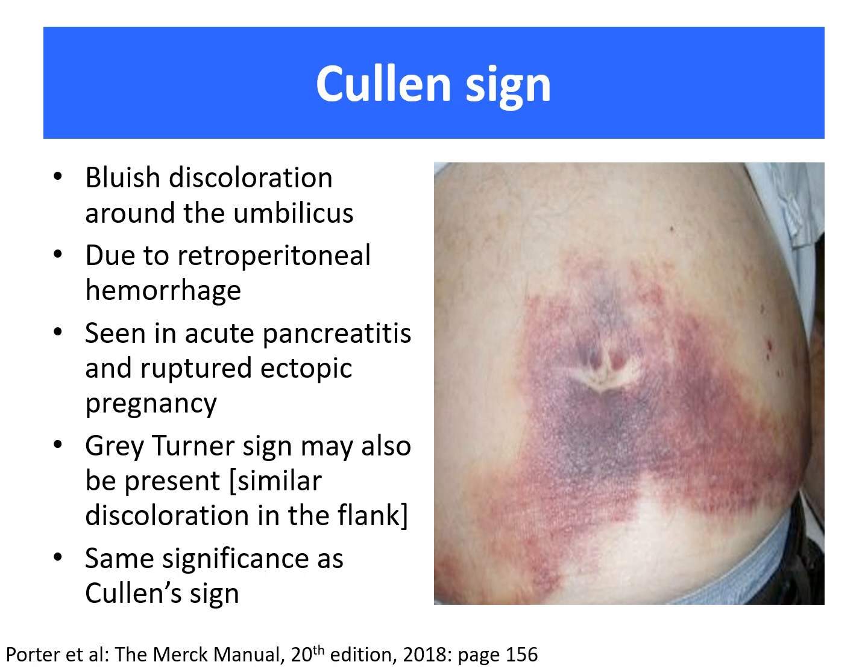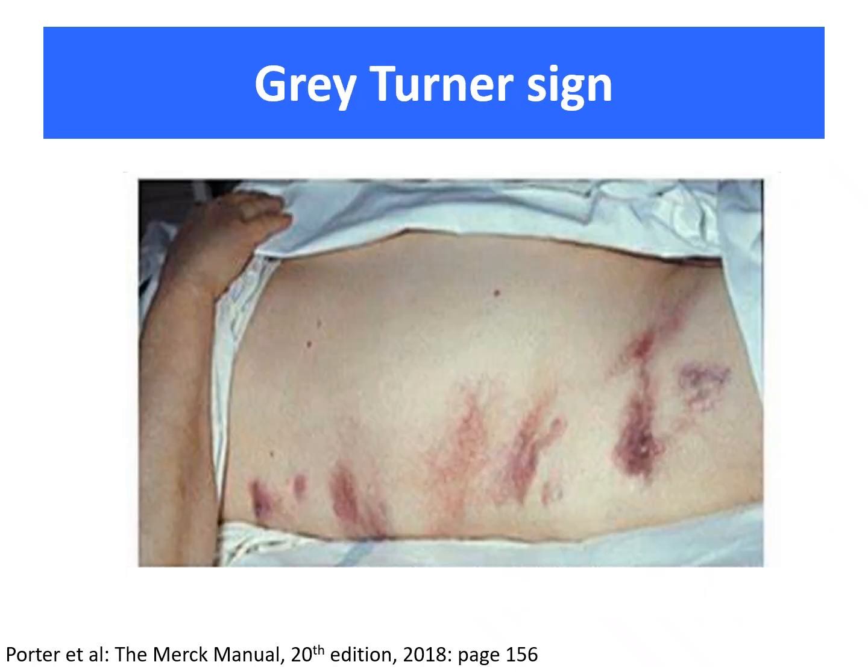So Cullen sign and Gray Turner sign have the same implication, uncommonly seen in acute pancreatitis, especially acute hemorrhagic pancreatitis, and also in ruptured ectopic pregnancy. Here's your Gray Turner sign, where the discoloration is in the flanks.